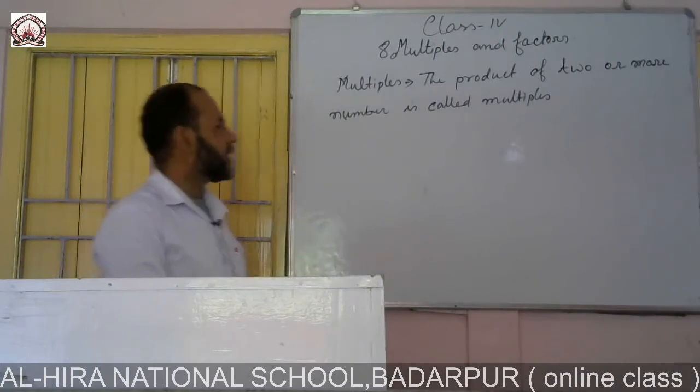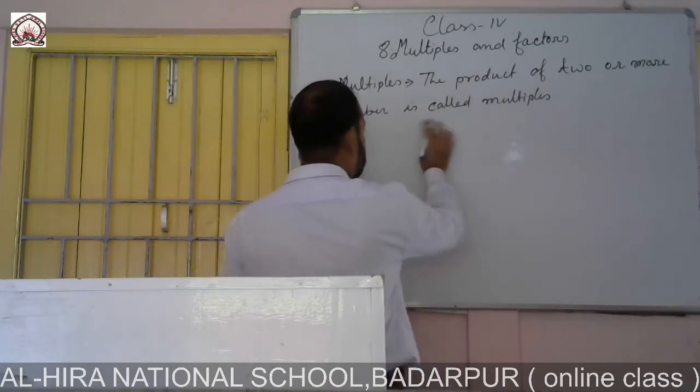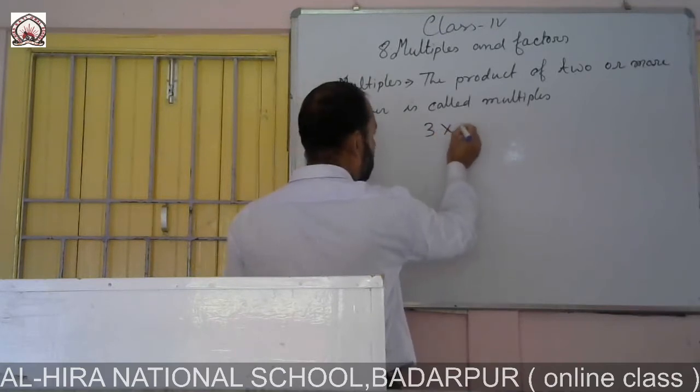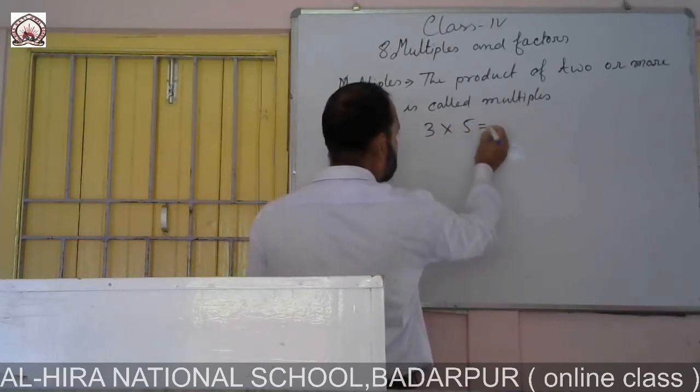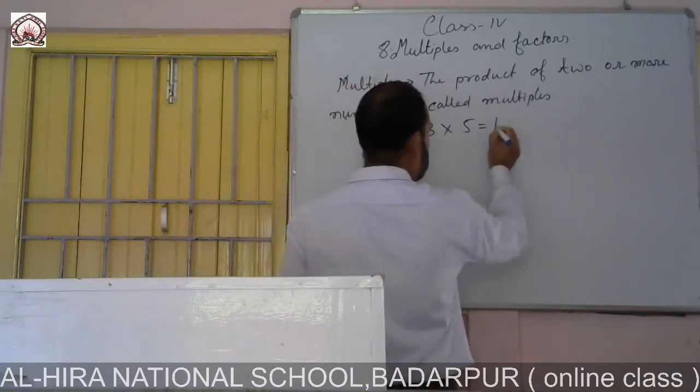So let us take some examples. Suppose, for example, 3 into 5. 3 into 5 is equal to 15.